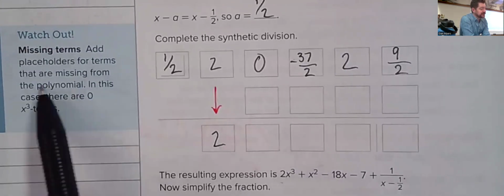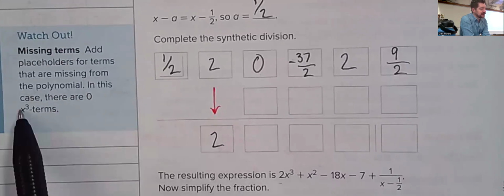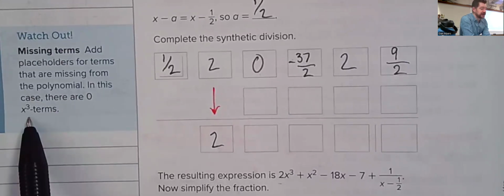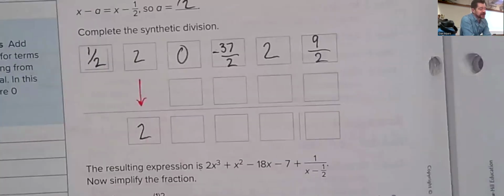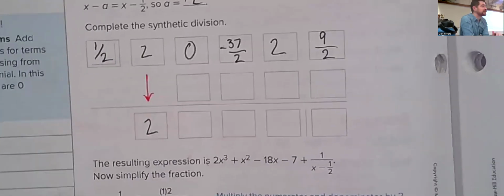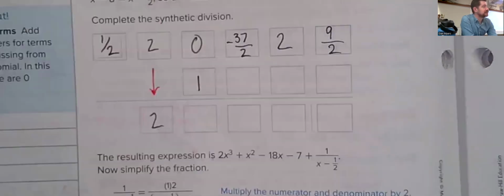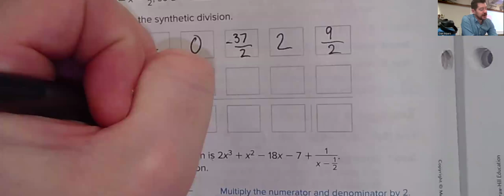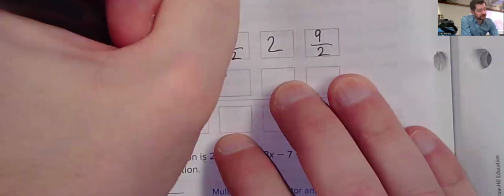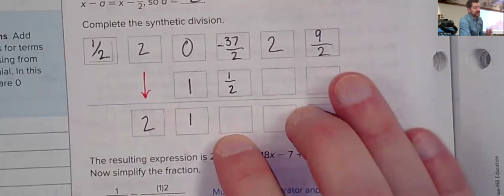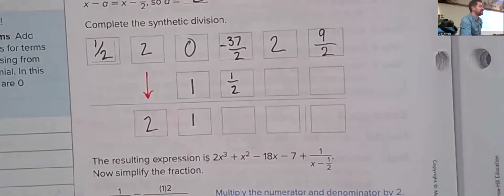Add placeholders for terms that are missing from the polynomial. In this case, there are 0 x cubed terms. So we need that 0 placeholder for the x cubed term. All right. 2 times 1 half. 1. 0 plus 1. 1. 1 half times 1. 1 half. Negative 37 halves plus 1 half.